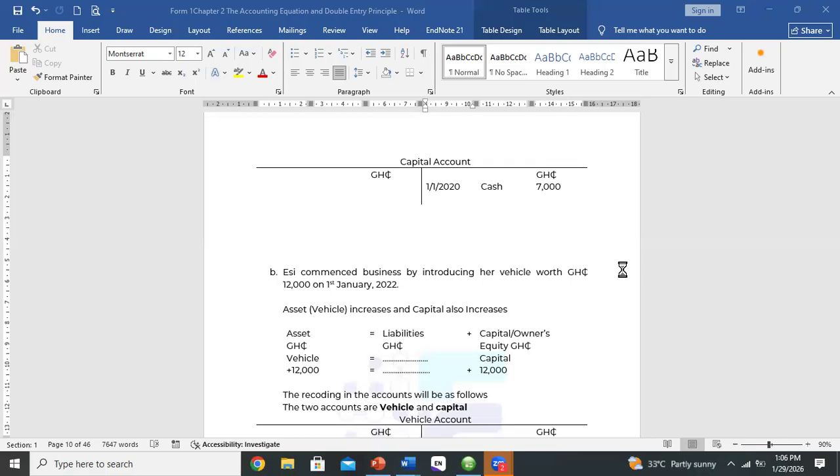So technically, an asset, cash, is decreasing, so you credit cash. And who made the cash decrease? Rent. So technically, rent was receiving the money from cash. So even if we assume that rent is a person, then rent was receiving the money from cash. That's why we are debiting the expense, rent.